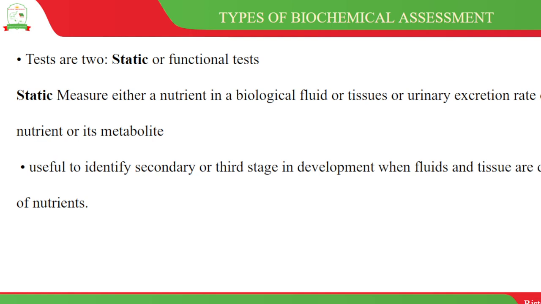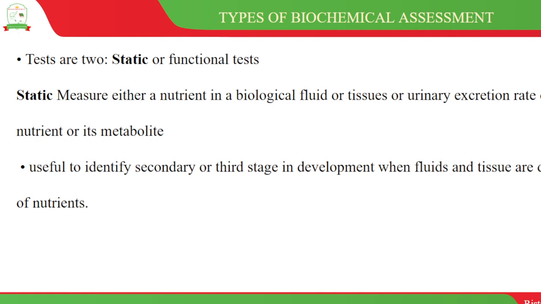Types of biochemical assessments: there are basically two, which are static and functional tests. The static one measures either a nutrient in biochemical fluids or tissues, or the urinary excretion rate of a nutrient or its metabolite. So this basically involves taking samples of blood, urine, saliva, sweat, and many more, I think even your feces.